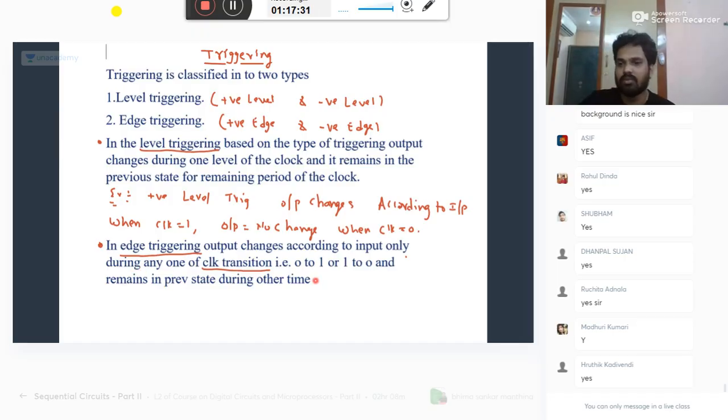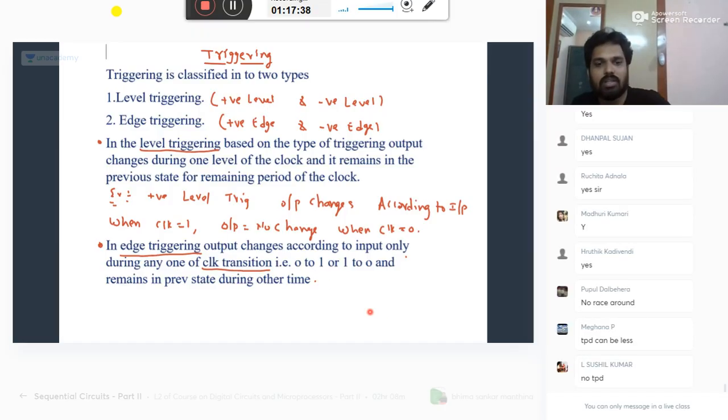It remains in the previous state during the other period.